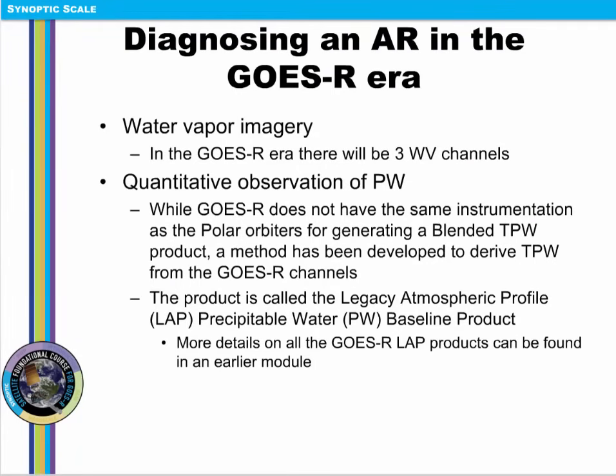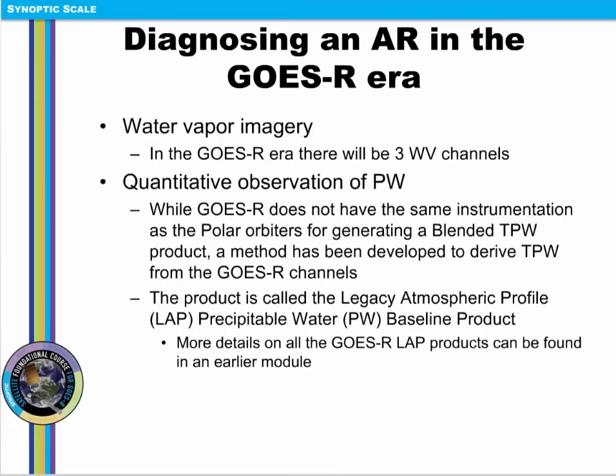How might we diagnose an atmospheric river in the GOES-R era? In terms of water vapor imagery, of course, we will have three water vapor channels instead of the single channel we have now with GOES. As far as quantitative observation of total precipitable water, while GOES-R does not have the same instrumentation as the polar orbiters for generating a blended TPW product, a method has been developed to derive TPW from the GOES-R channels.